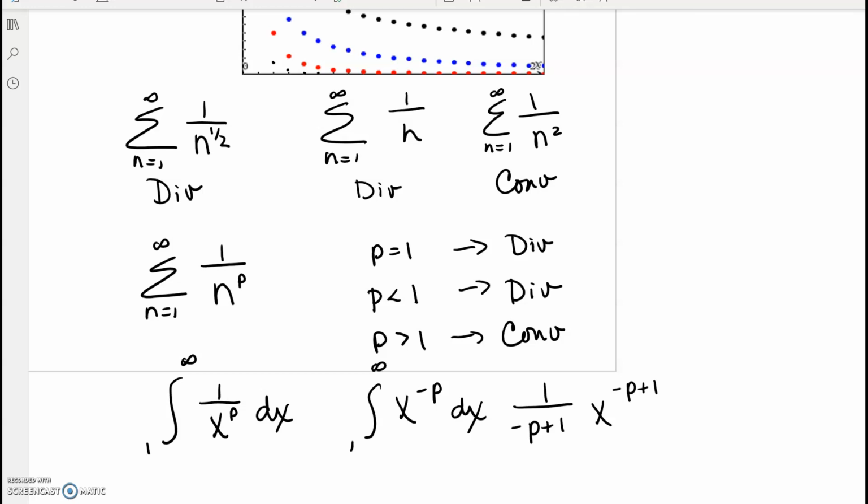And infinity in the denominator goes to 0, and infinity in the numerator goes to infinity. So we want negative p plus 1 to stay in the denominator. In other words, we want it to be negative. We want it to be less than 0, so negative p is less than negative 1, and p then has to be greater than 1. And that's sort of a proof of why this works.